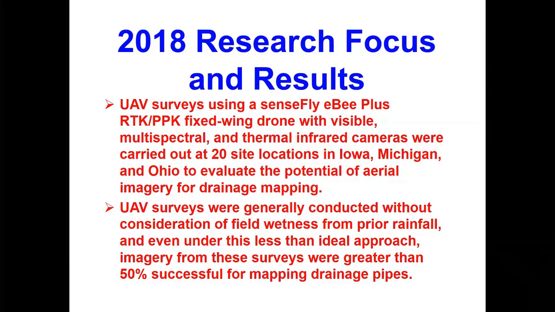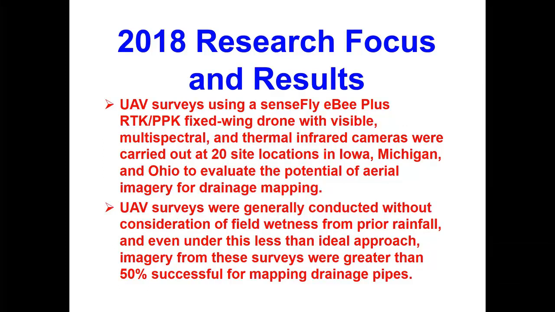So when we went out to a site, we really had to fly 3 different surveys, one with each camera. Again, we're just trying to collect as much data at different sites without really paying attention to being out there at the right time, say a few days after a rainfall event. And even under a less ideal approach, of all the sites we visited, we were able to see drainage pipe responses in over 50%.